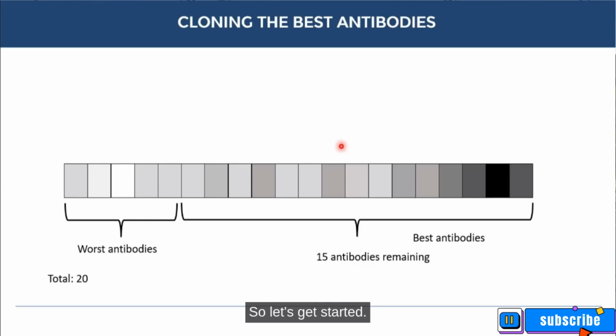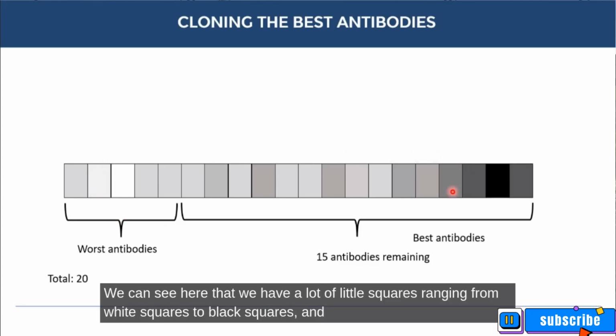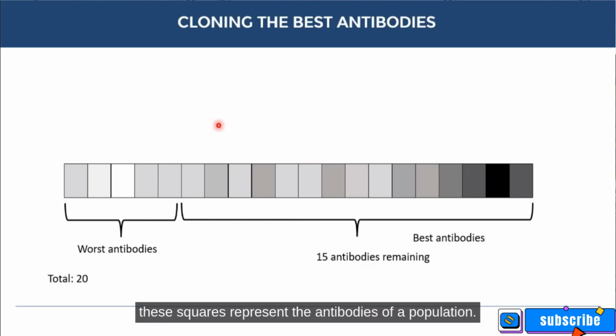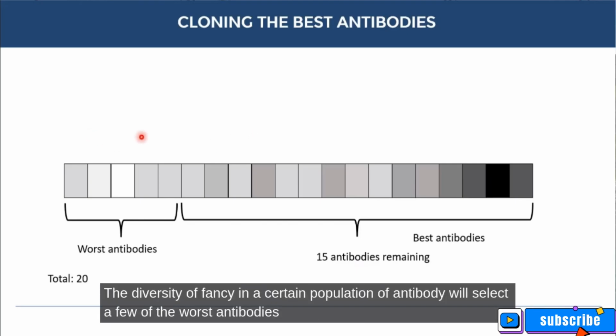So let's get started. We can see here that we have a lot of little squares ranging from white squares to black squares. And these squares represent the antibodies of a population. The darker the color, the better the affinity, and the lighter the color, the worse the affinity.